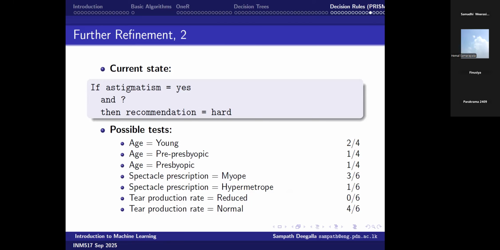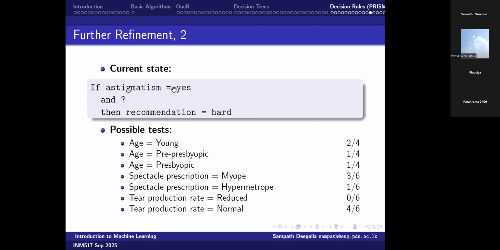Now we have to ask the very same question again. Which one gives you the best accuracy? So in this particular case, when you search for the best accuracy, you will see that you are getting it when you fit in tear production rate normal. And that gives you the best accuracy. Now what happens? You can see the coverage. We started with 24.